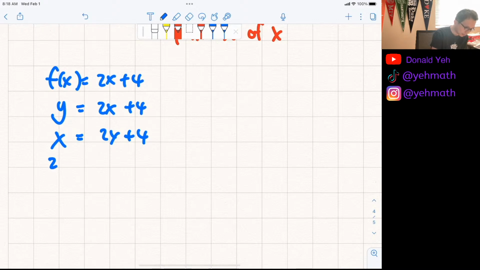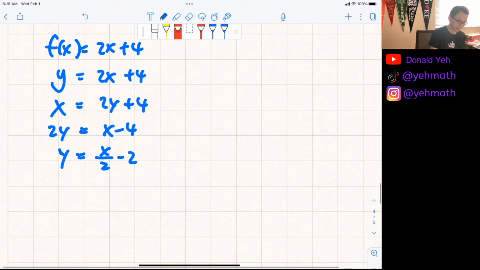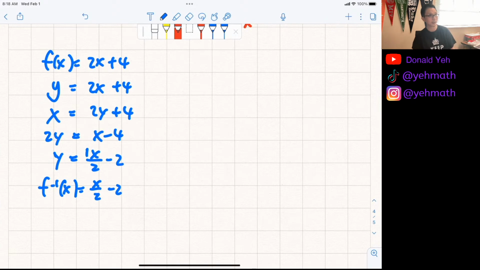And then 2y equal to x minus 4. And then y equal to x over 2 minus 2. Is that okay? And then we're going to call the f inverse of x equal to x over 2 minus 2.